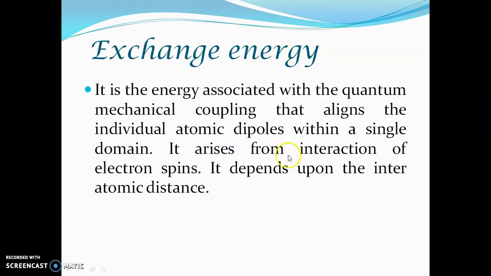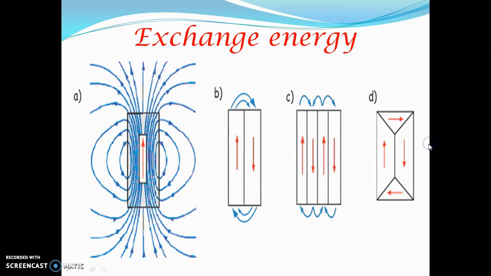First one, we are going to discuss exchange energy. It is the energy associated with quantum mechanical coupling that aligns the individual atomic dipoles within a single domain. It is due to interaction of electron spin. In this figure, you can understand clearly.